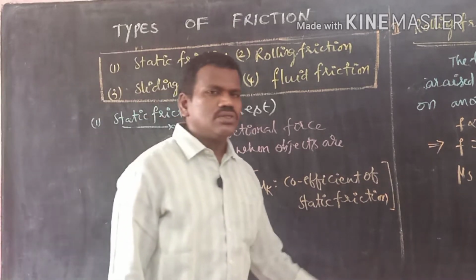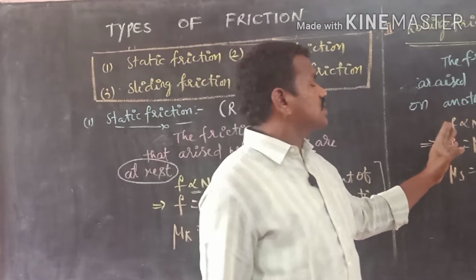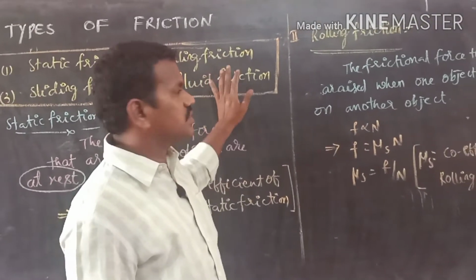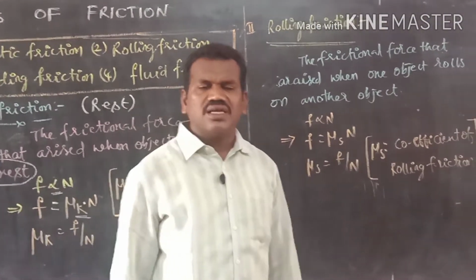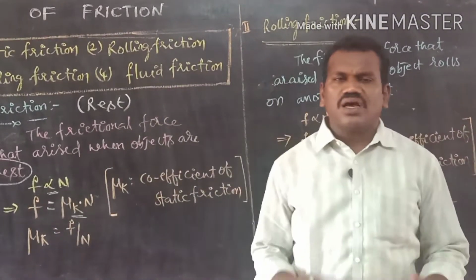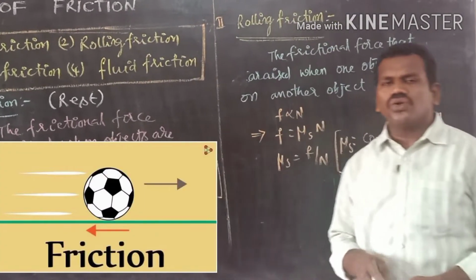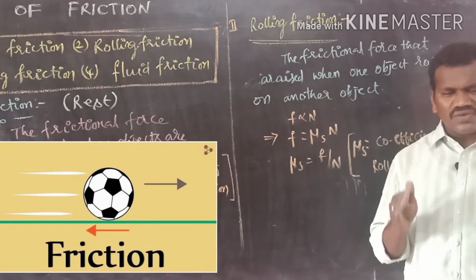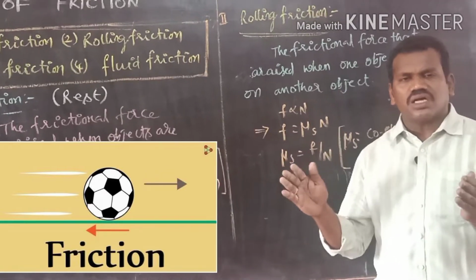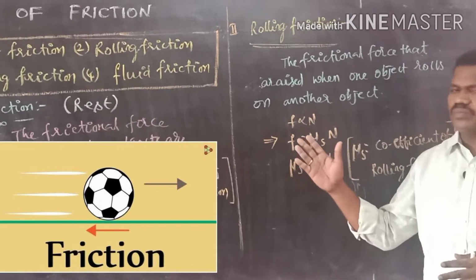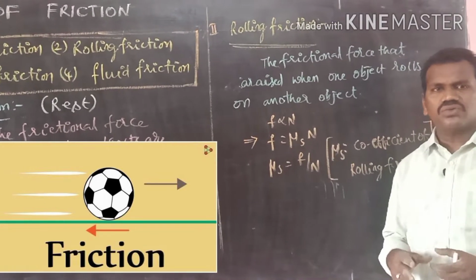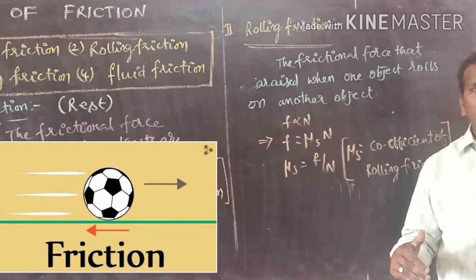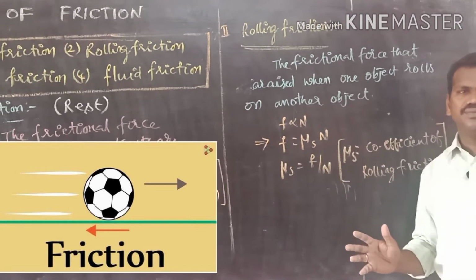Let us come to the second type of friction, that is rolling friction. What is the meaning of rolling? One object should roll on another object. For example, a stone is rolling from the top of a hill.